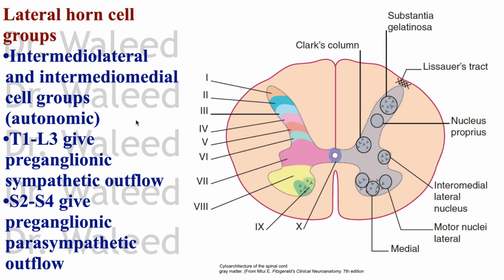The lateral horn of the spinal cord contains intermediolateral and intermediomedial cell groups, and they are autonomic cells, as mentioned before. In the thoracolumbar region, they give rise to the preganglionic sympathetic outflow. In the sacral region, they give rise to preganglionic parasympathetic outflow.